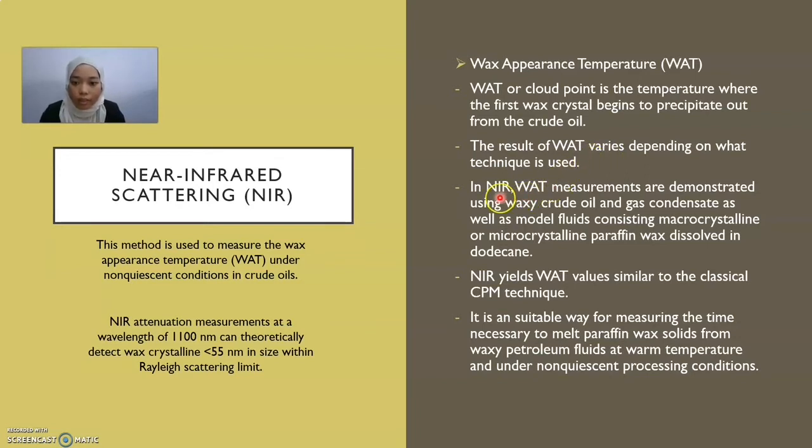In near-infrared scattering, WAT measurements are demonstrated using waxy crude oil and gas condensate, as well as model fluids consisting of macrocrystalline or microcrystalline paraffin wax dissolved in dodecane, and NIR yields WAT values similar to the classical CPM technique. It is a suitable way for measuring the time necessary to melt paraffin wax solids from waxy petroleum fluids at warm temperature and under non-quiescent processing conditions.